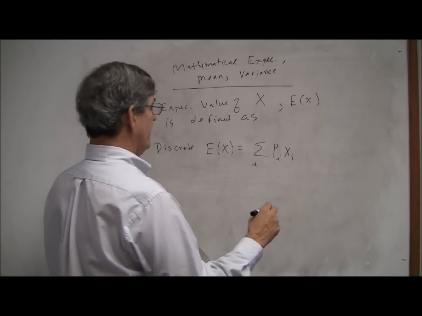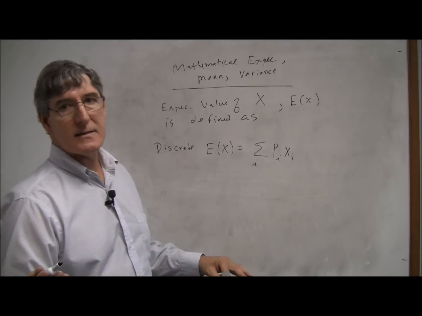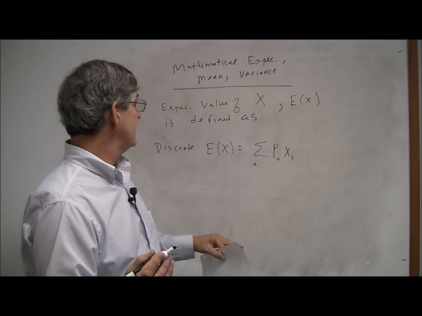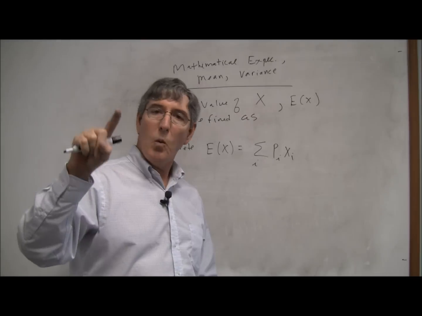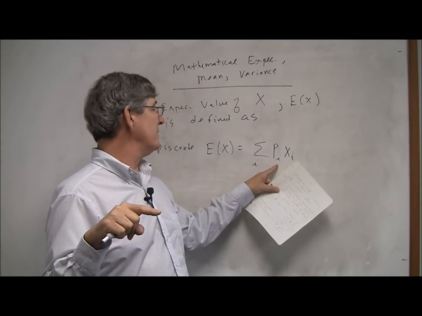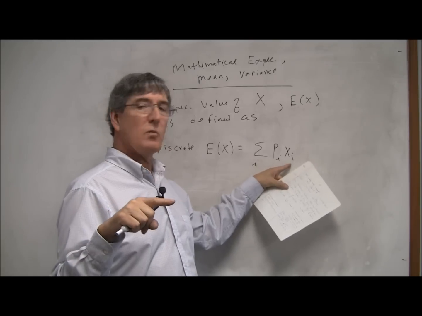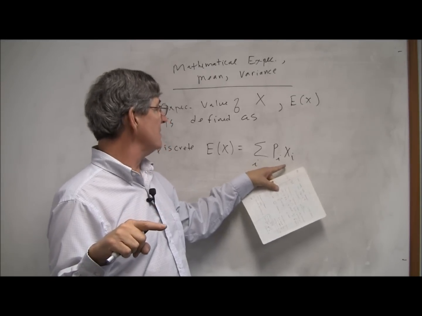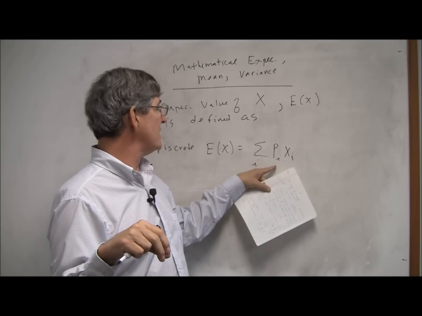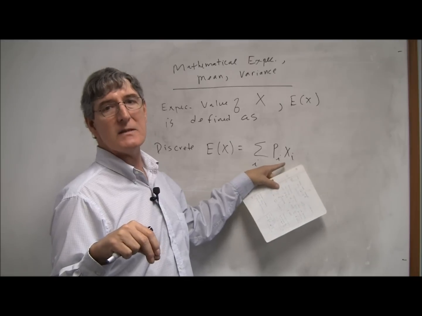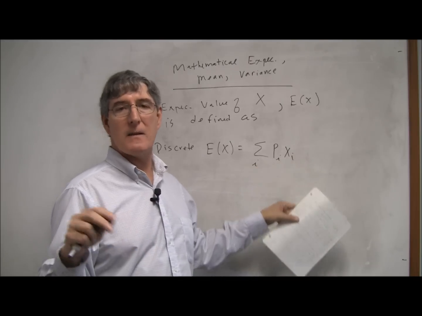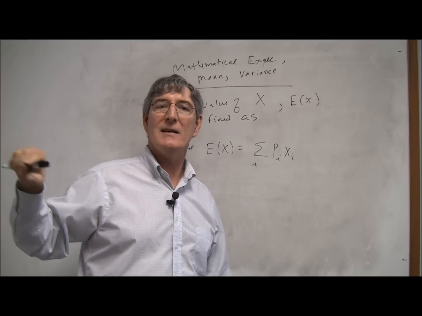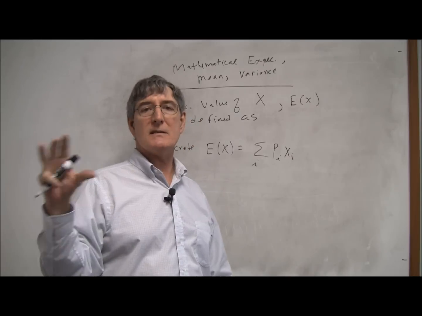So for a dice, the expected value of x would be 1/6, the probability of 1, times 1, plus 1/6 times 2, plus 1/6 times 3, plus 1/6 times 4, plus 1/6 times 5, plus 1/6 times 6. So we take the probability of each outcome, 1, 2, 3, 4, 5, 6. So you take the sum of the probabilities times the outcomes.